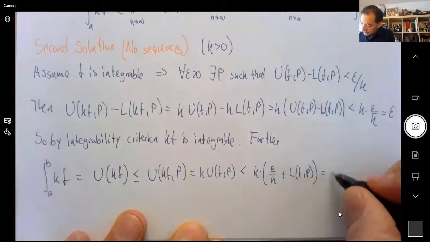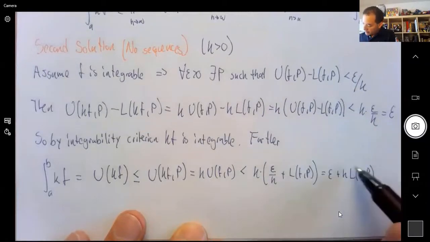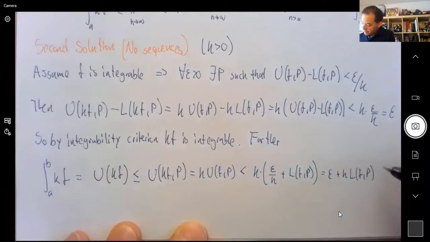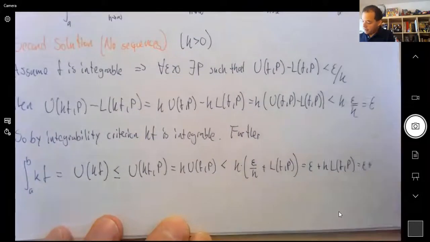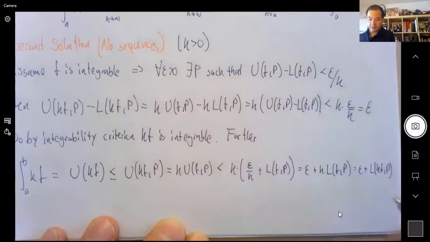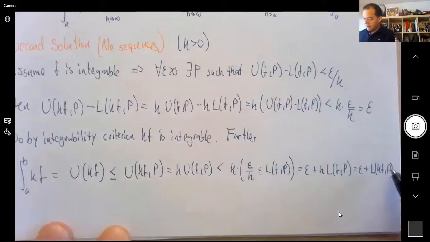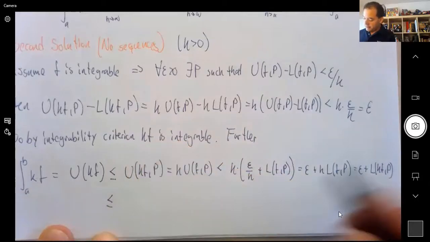This is epsilon plus k L(f,P). Now here we know we can take the constant in. So this is epsilon plus L(kf,P), right? And, well, this is the lower sum, so the lower sum is less than or equal. So I'll continue over here. Let me repeat what I have here.